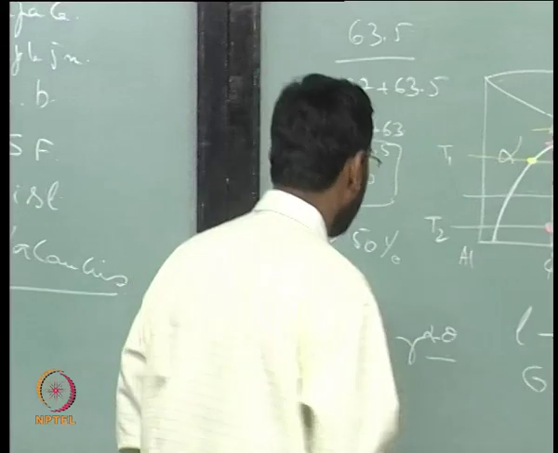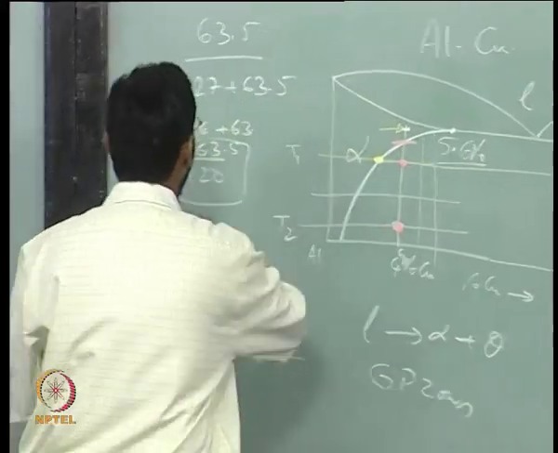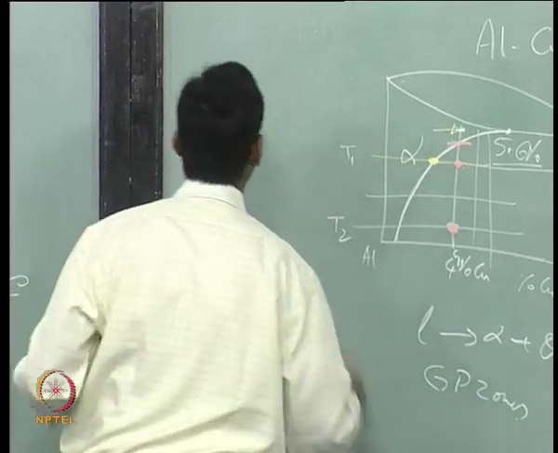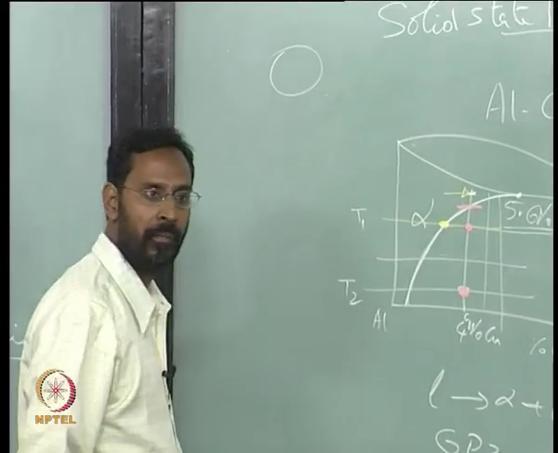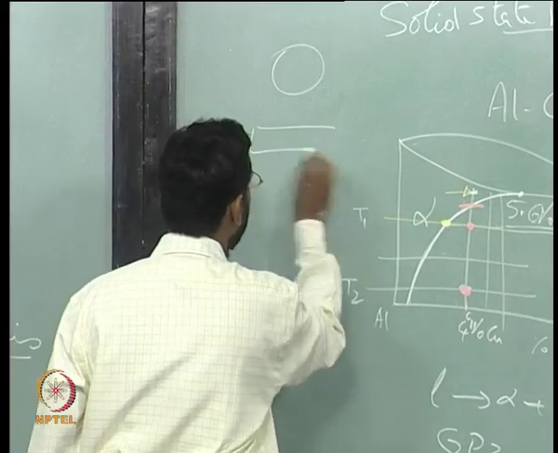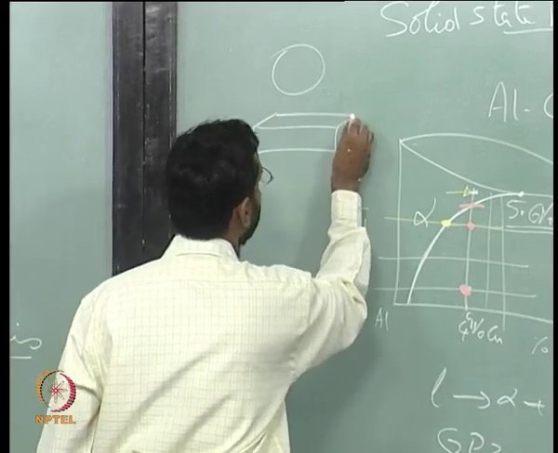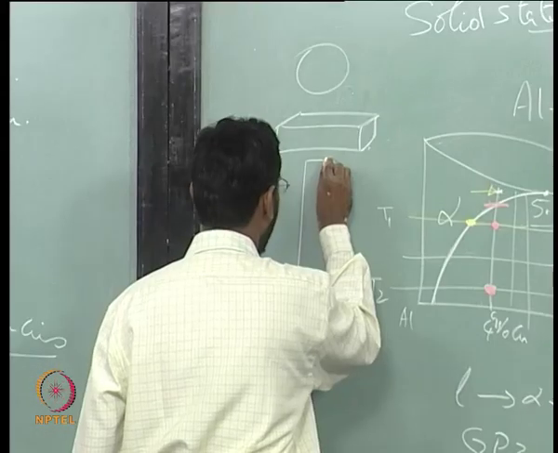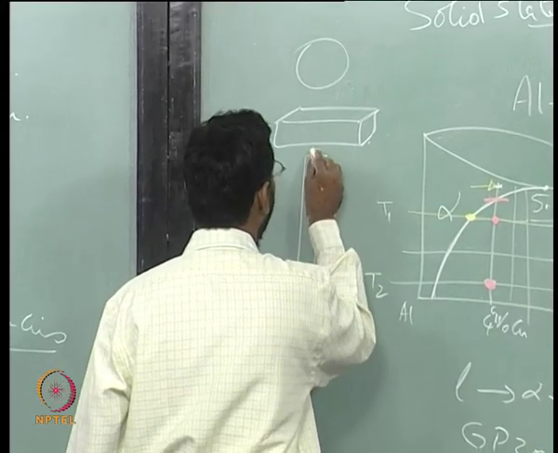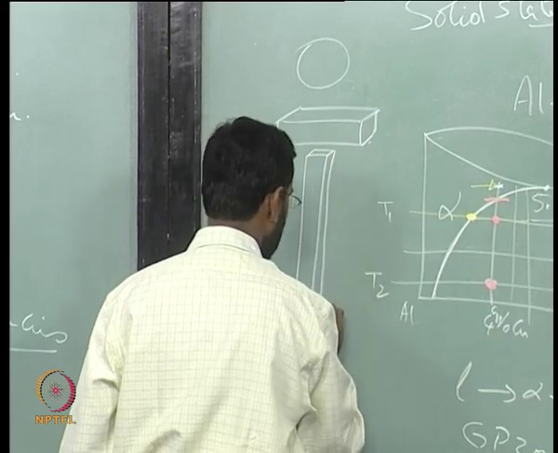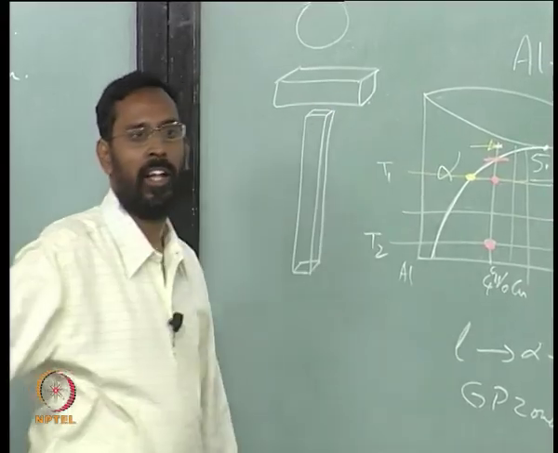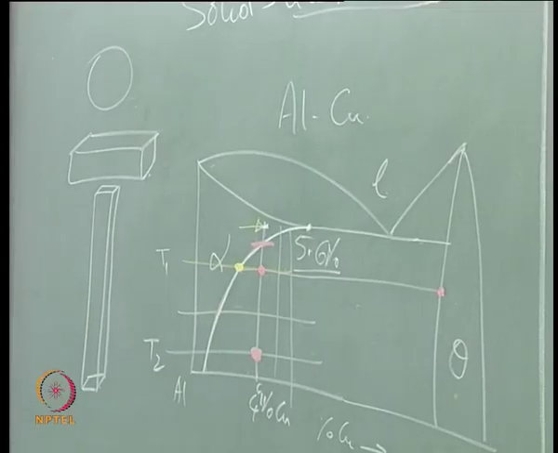So shape determines to a large extent the strain. I do not know whether you have come across, for example, different shapes: if I take a spherical shape, a plate like shape, a needle like shape, or it could be cylindrical, whatever it is.